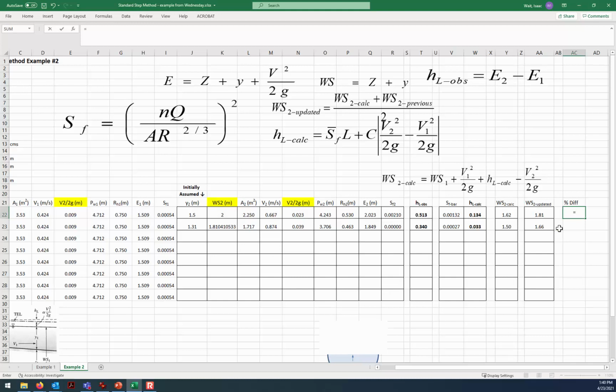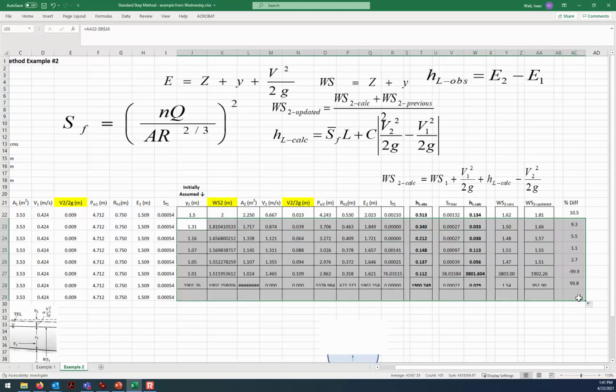So the percent difference is just going to be my initial guess of the water surface minus the updated guess divided by the updated times 100. So it's a 10% change in the first iteration, then it gets down to a 9% change in the next iteration. And now that it's all set up correctly, we can drag all of those down.